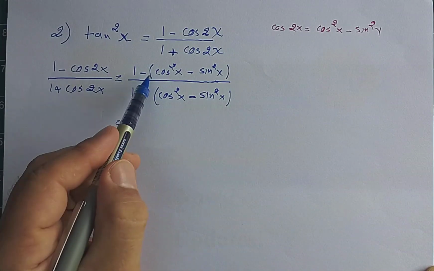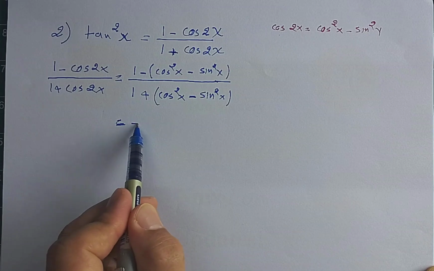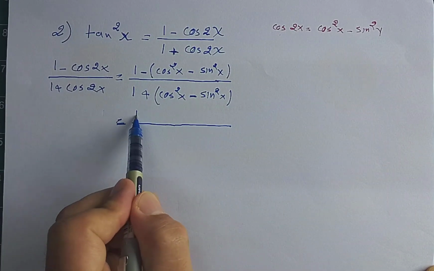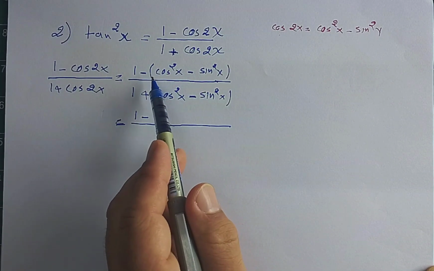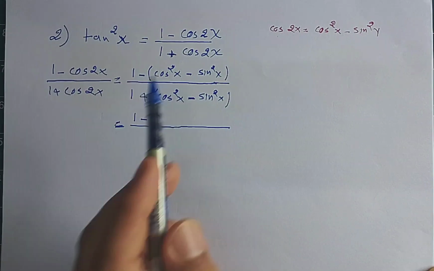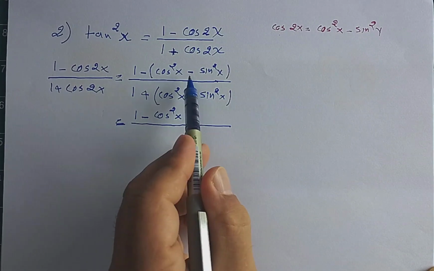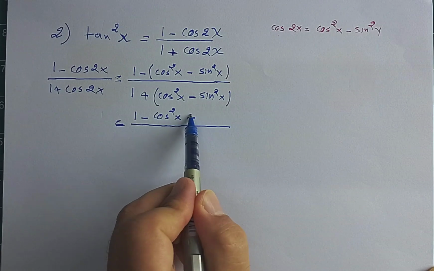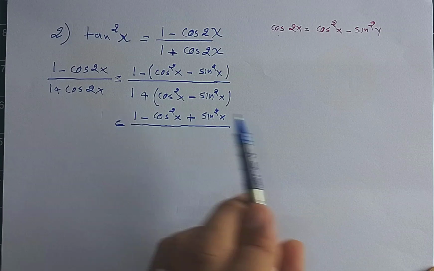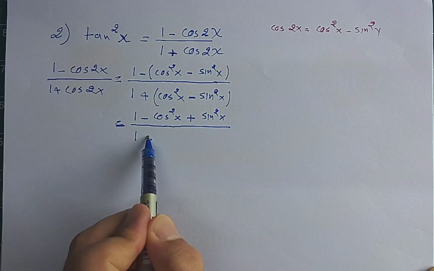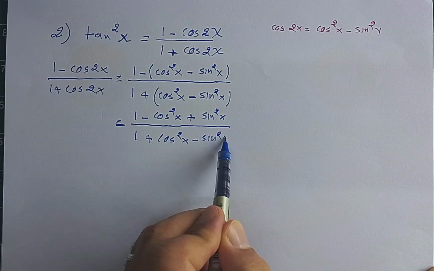So I write it without the bracket here. I simplify the expression more. 1 minus, be careful here, we have minus between the brackets, so it will be changed. Here we have cosine square x, but instead of minus it will be plus sine square x. In the denominator, no changes: 1 plus cosine square x minus sine square x.